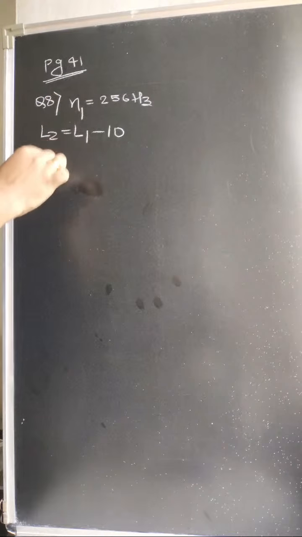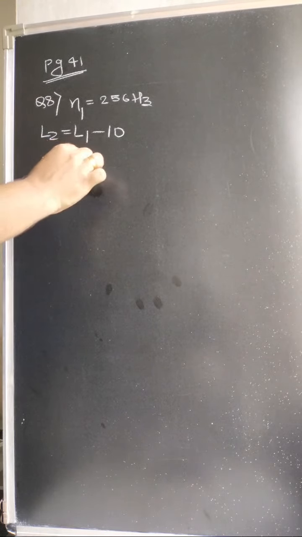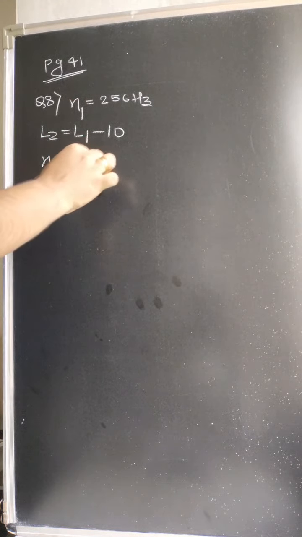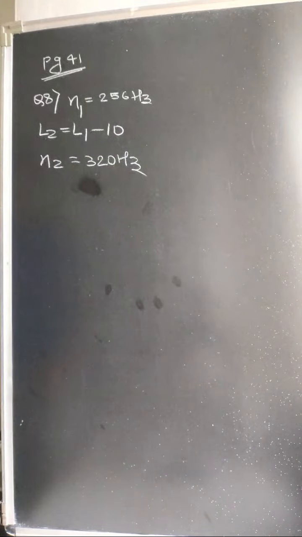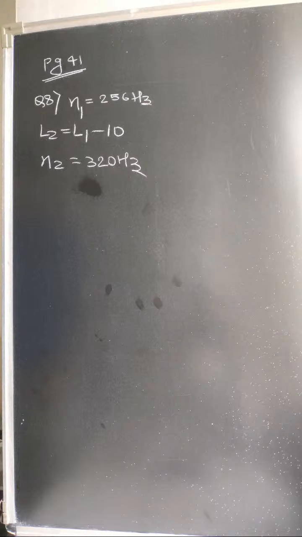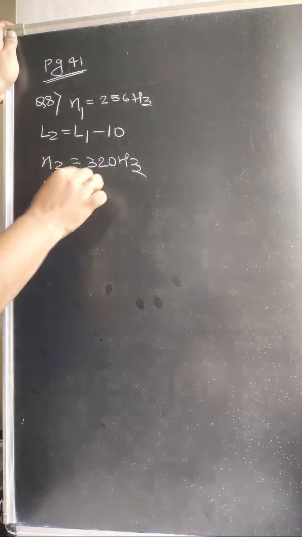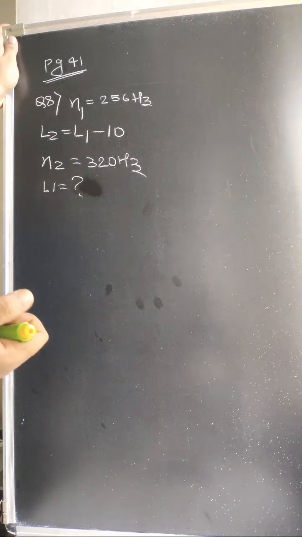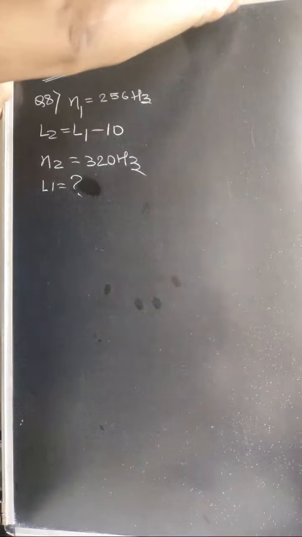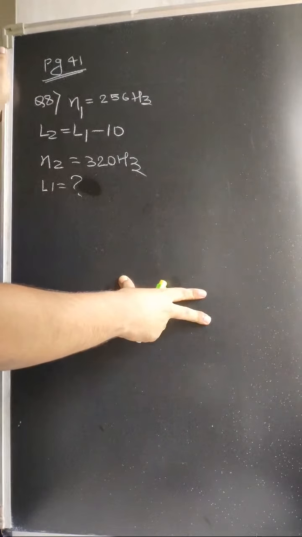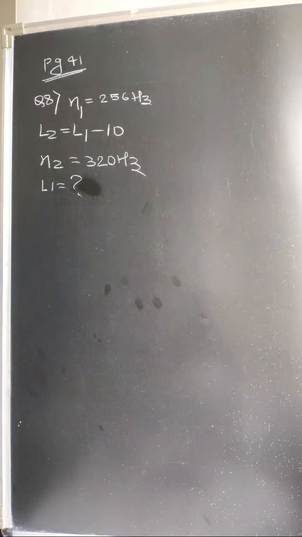So N2 is 320 Hz. Calculate the original length of the wire. We have to find L1. Is that clear, all of you?